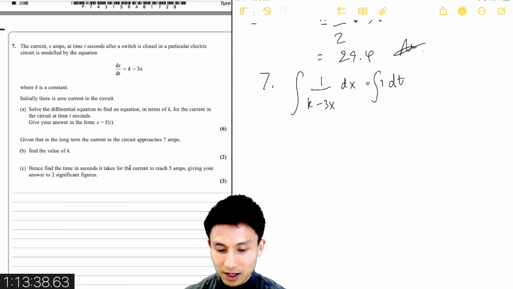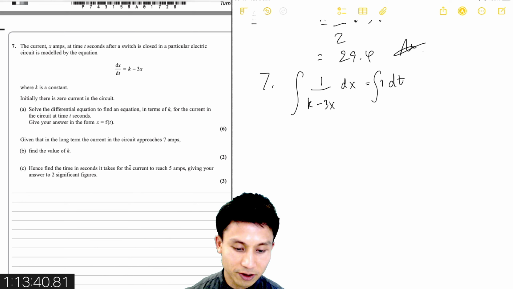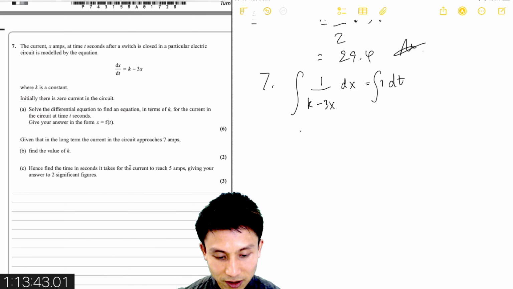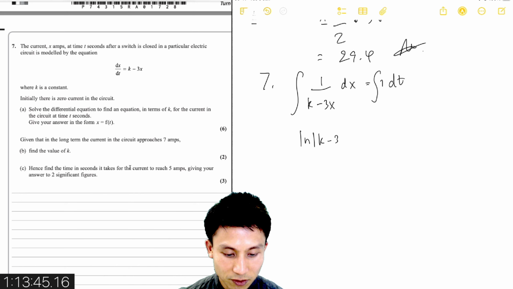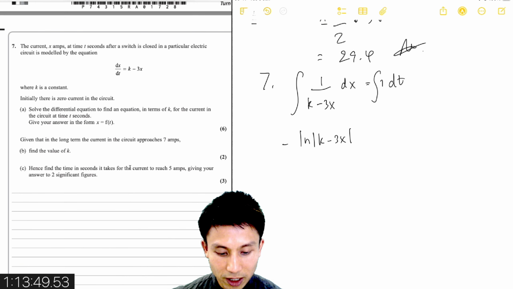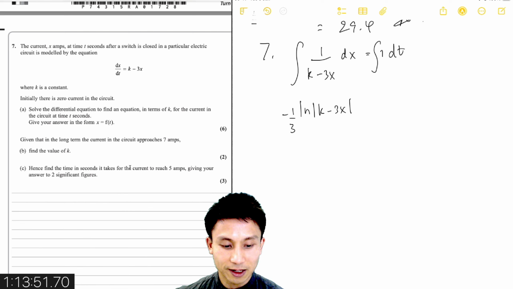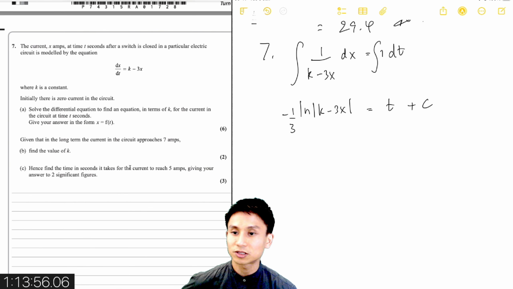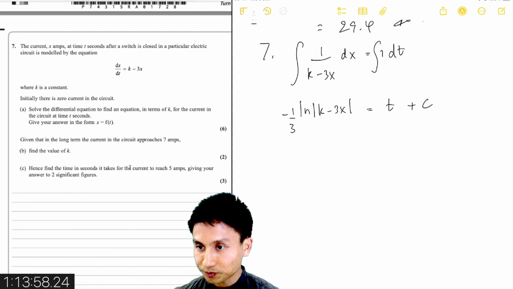Integrating both sides, putting a 1 there just to make sure we don't forget. So this is integrating with respect to x. That's going to give us a ln of k minus 3x, but then we need to do a reverse chain rule, so that's going to be minus 1 over 3 on that side. And that's going to give us t plus an unknown constant c.